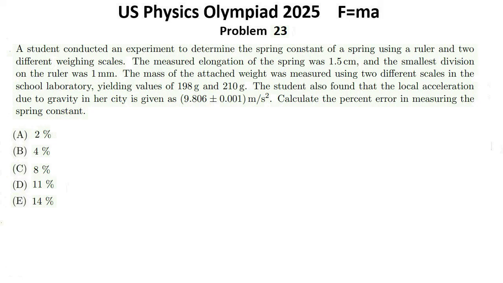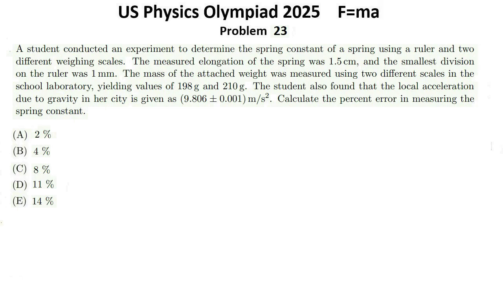The mass of the attached weight was measured using 2 different scales in the school laboratory, yielding values of 198 gram and 210 gram. The student also found that the local acceleration due to gravity in her city is given as 9.806 plus or minus 0.001 meters per second squared. Calculate the percent error in measuring the spring constant.